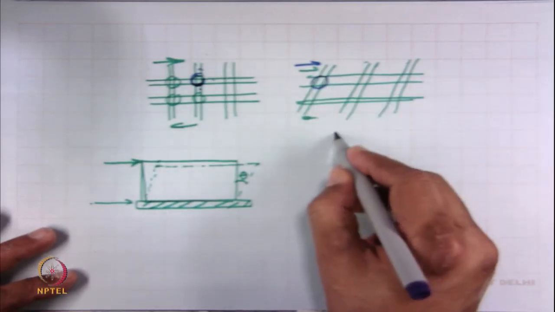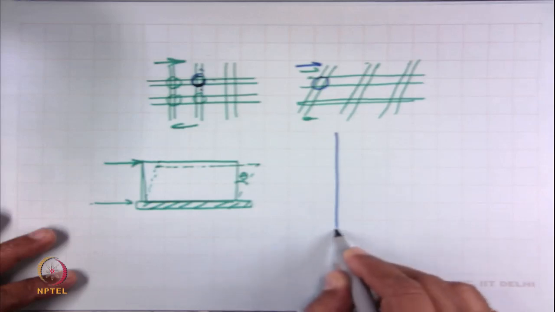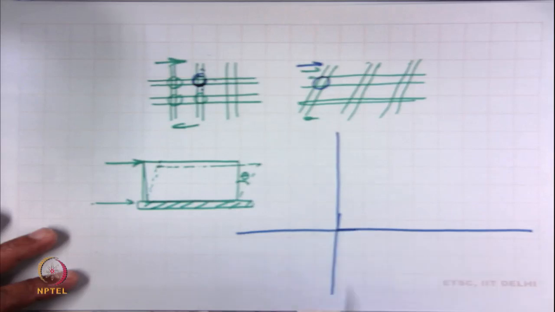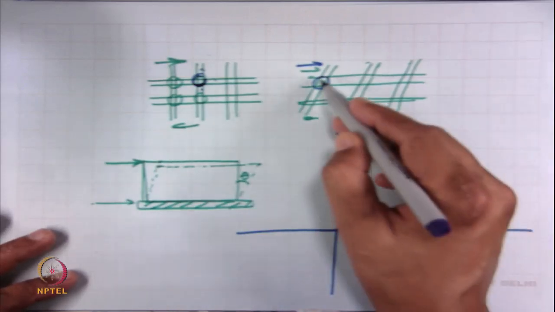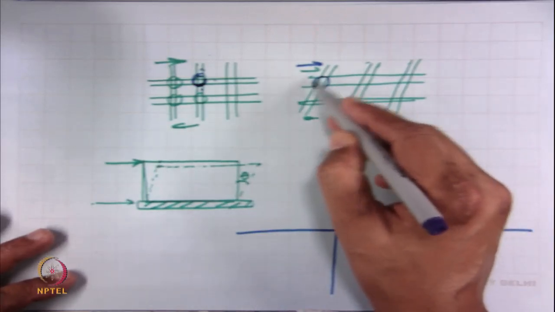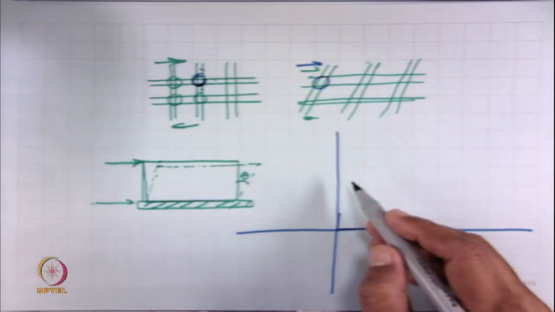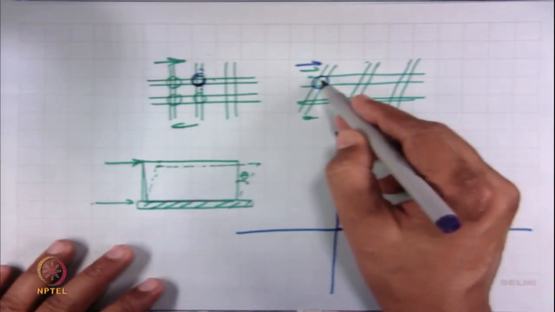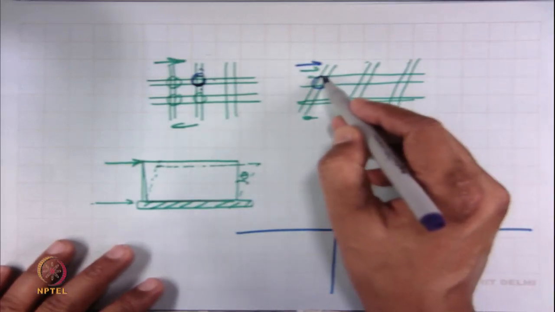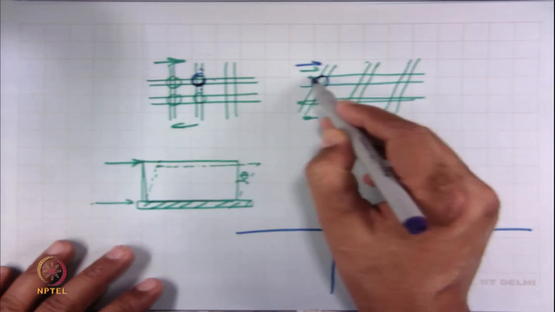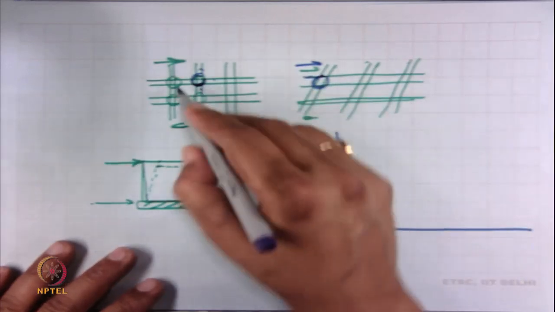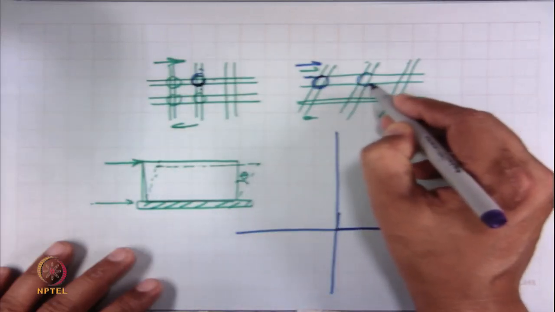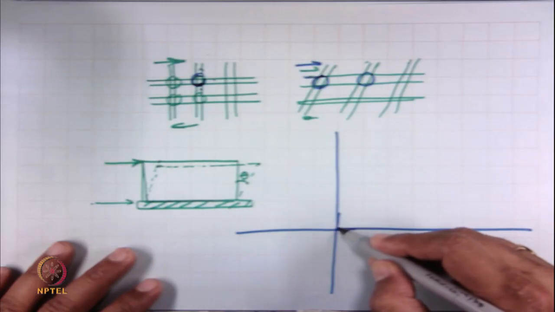Due to that frictional sliding we need some force, that is, shear stress, just to have some frictional sliding between the yarns. This is the initial form, and this is the sheared form.